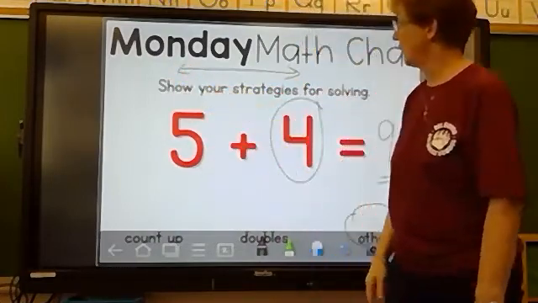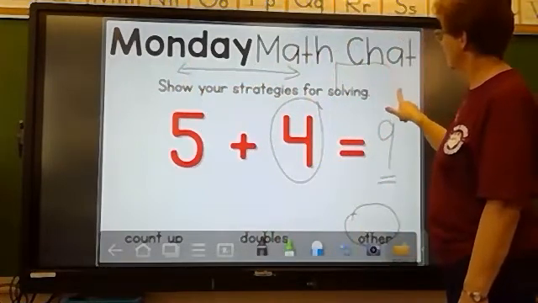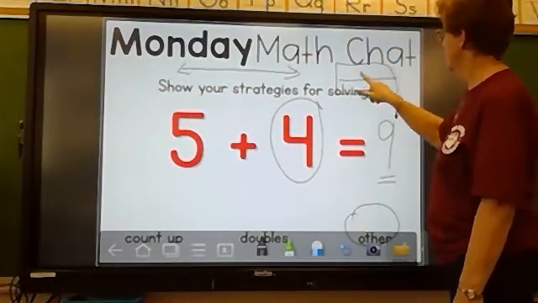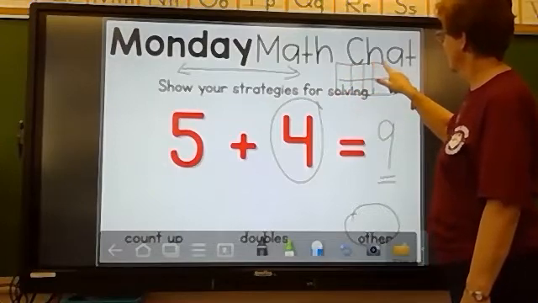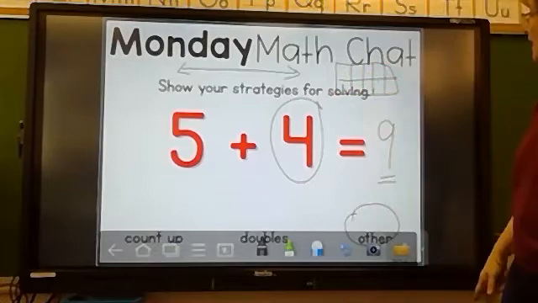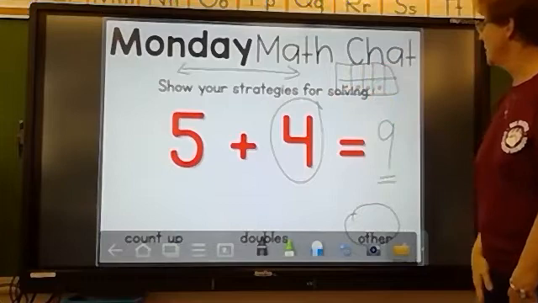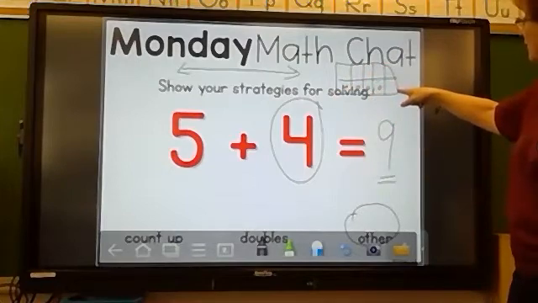Now, if you used another strategy, perhaps you chose to use the number line. Okay? And if you used the number line, you were still counting up. Or maybe you decided to use your 10 frame. Okay? You filled in your 5 across the top, and then you counted on, or you just drew it and you saw, oh, there's one missing.